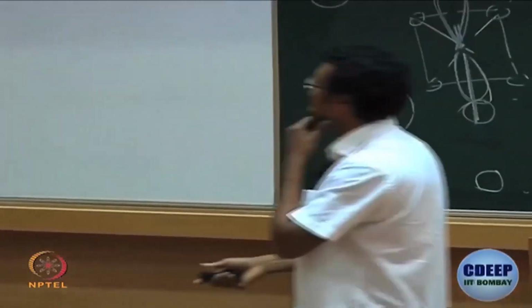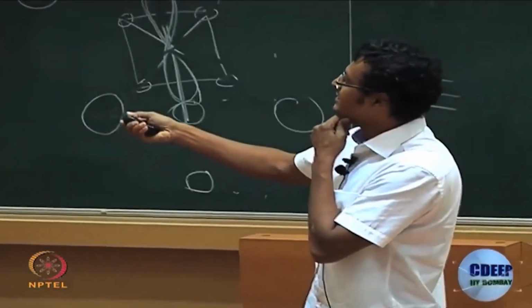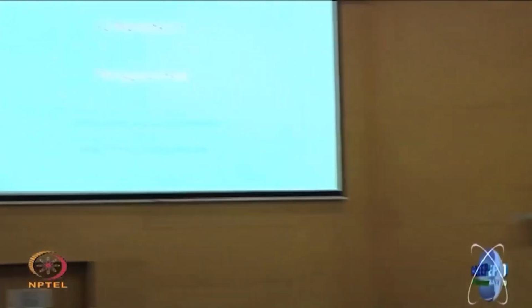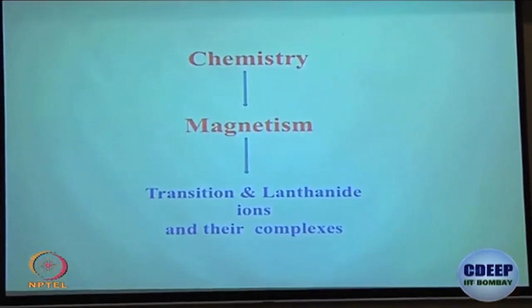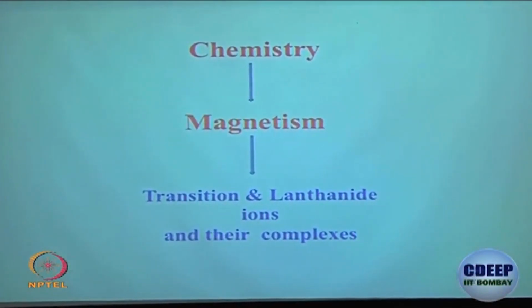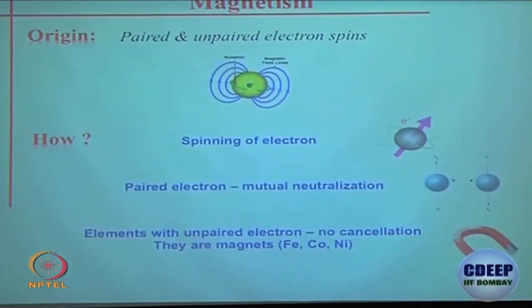Okay, let me get into it. So we will discuss the magnetism of the metal complexes and then get into the lanthanides, actinides or lanthanides specifically, and then stop. Okay.